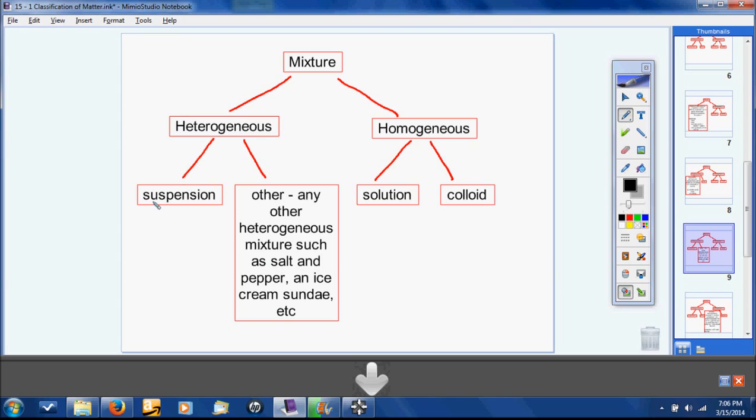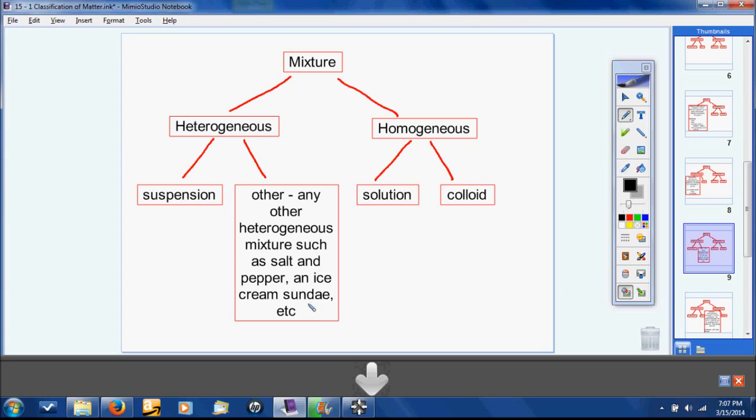It's not really considered a suspension. The salt and pepper may not separate out, but you'll have different proportions throughout. If you have an ice cream sundae, it's not really going to settle, although sometimes the syrup, or the hot fudge or anything good like that, will go to the bottom. But it's not really what we call a suspension. It's something different.